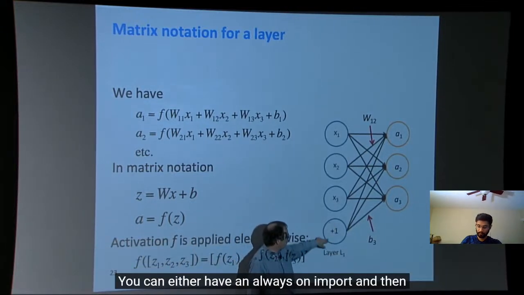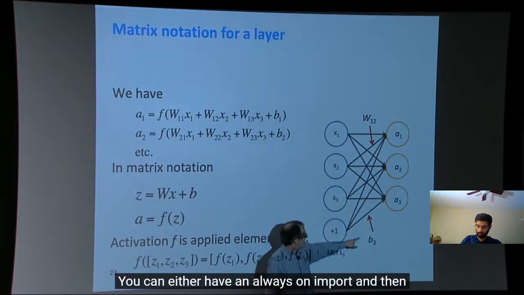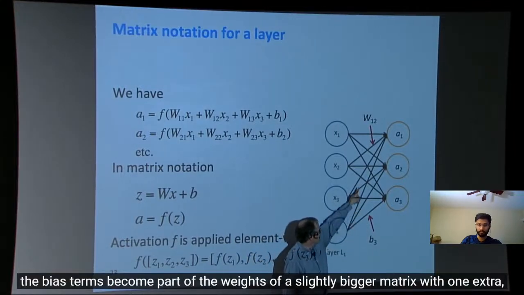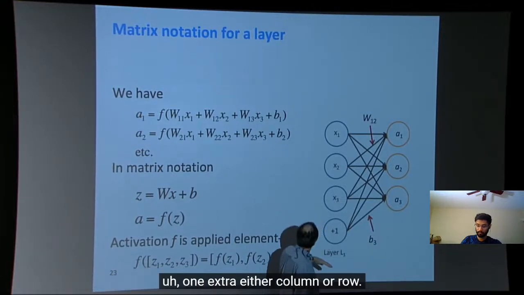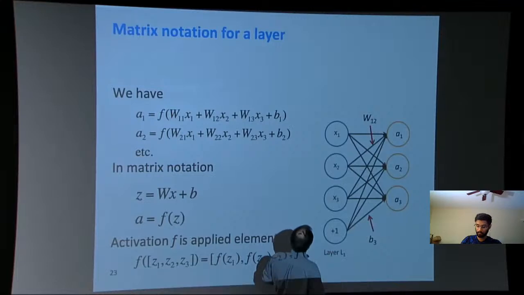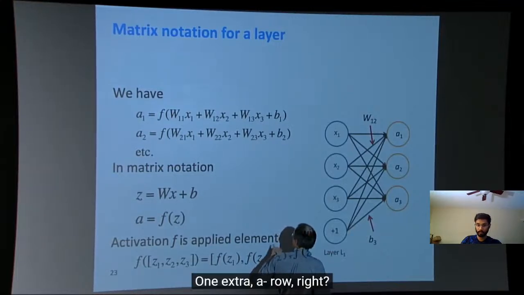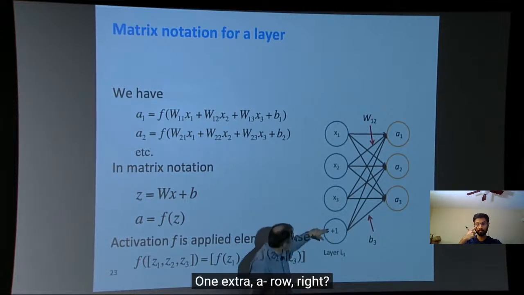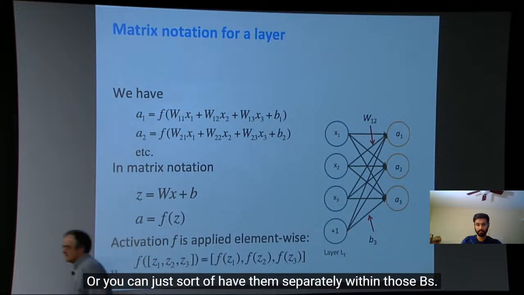You can either have an always-on input, and then the bias terms become part of the weights of a slightly bigger matrix with one extra column or row. Or you can just write them separately as B's.